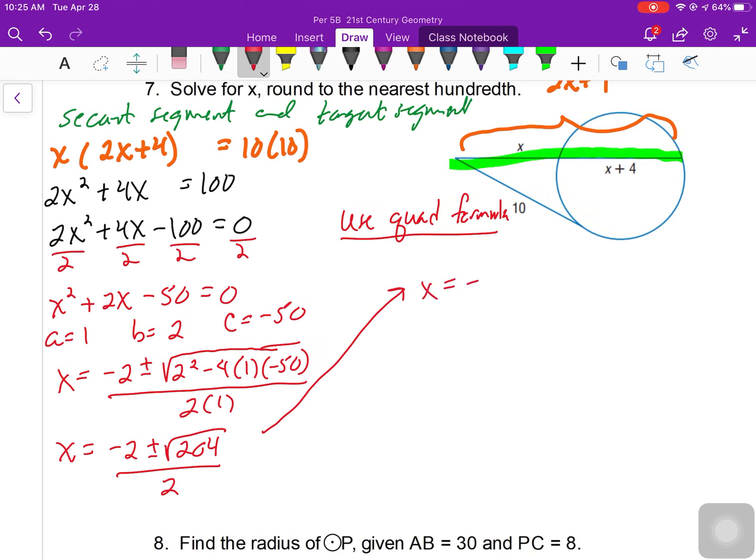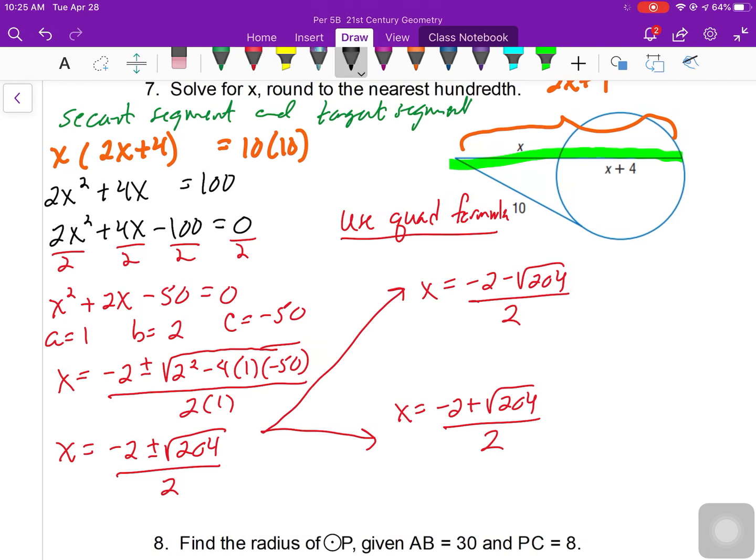And as we've seen multiple times, there are two possibilities. One uses the negative sign in the middle, and the other uses the positive sign in the middle. Keep in mind when you put this into your calculators to put a parenthesis around the whole top, so the calculator will know that's all on the top.